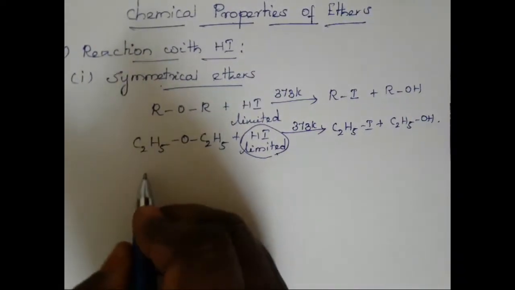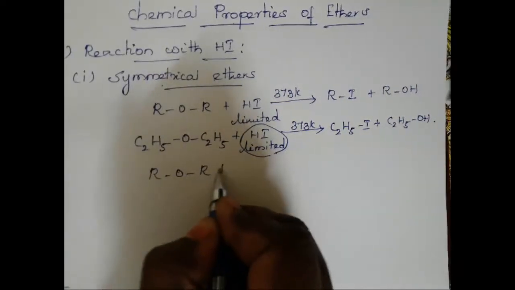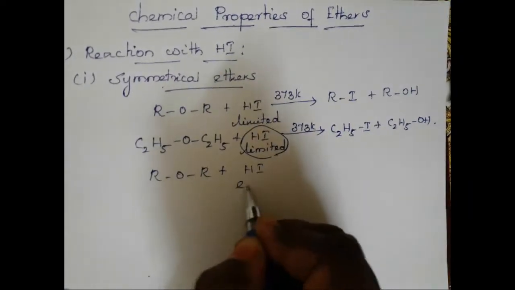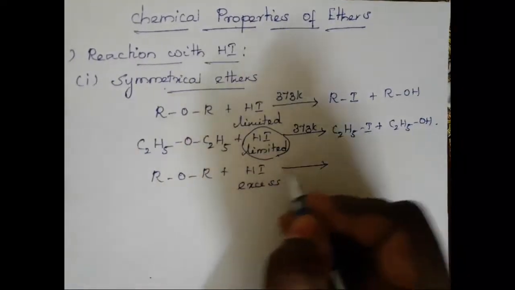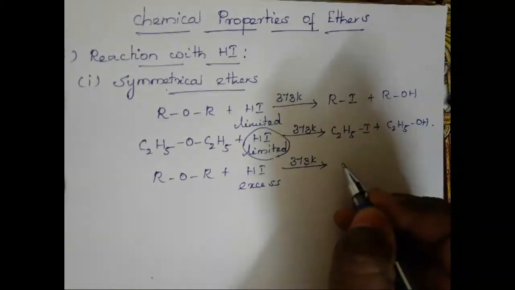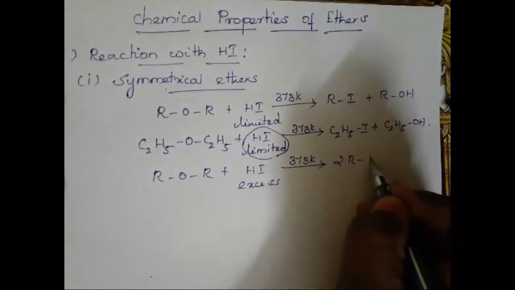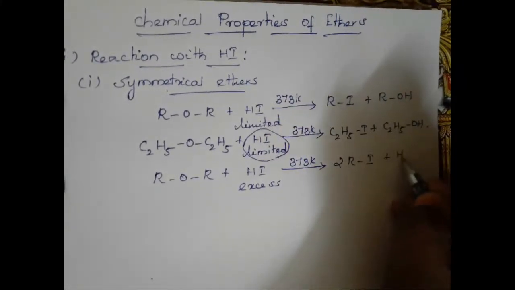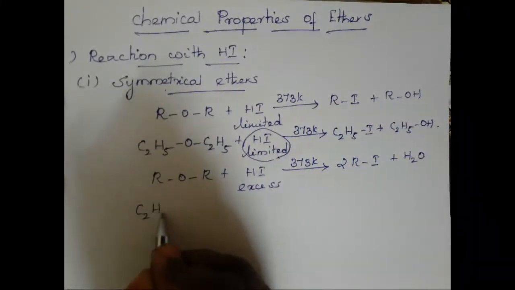Now the second reaction we are going to see, with excess of hydrogen iodide. Symmetrical ethers, when they react with excess of hydrogen iodide at the same temperature, that is 373 Kelvin, will form two molecules of alkyl halide and a water molecule. Let us see an example for this.